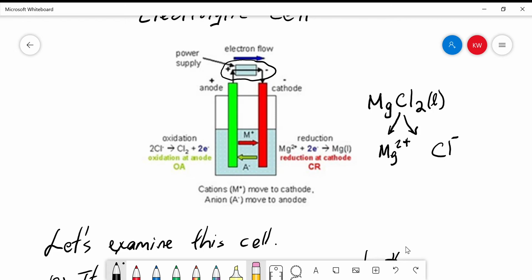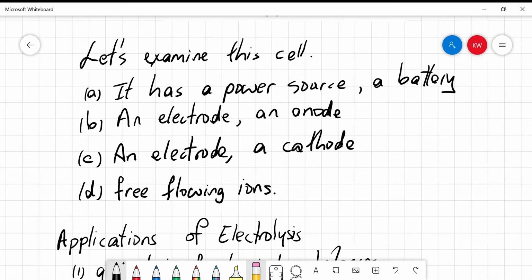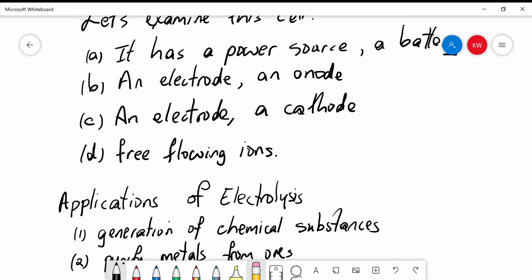So we have oxidation taking place at the anode. This electron is pulled towards the battery and is driven in this direction. And here we have our ions present. It goes through our electrode, and ions present anywhere around here will accept this electron to form the metal. So we have reduction taking place. So that's an overview of what takes place in an electrolytic cell.